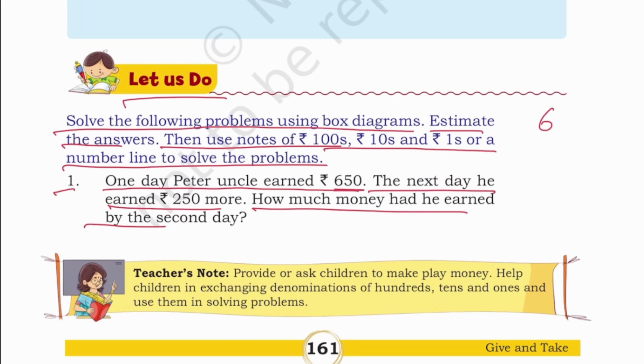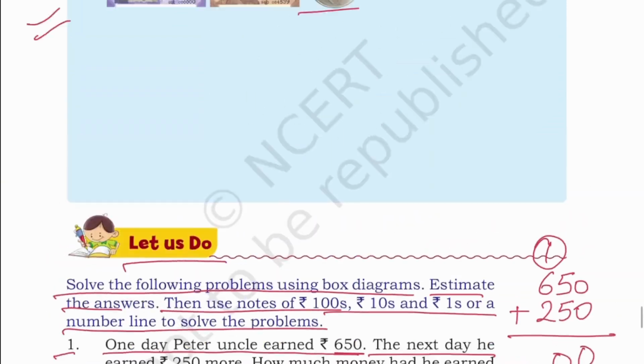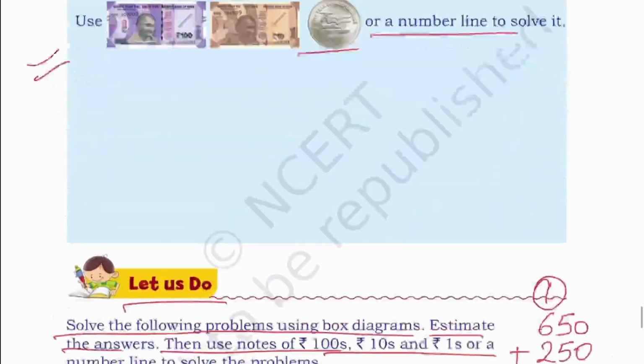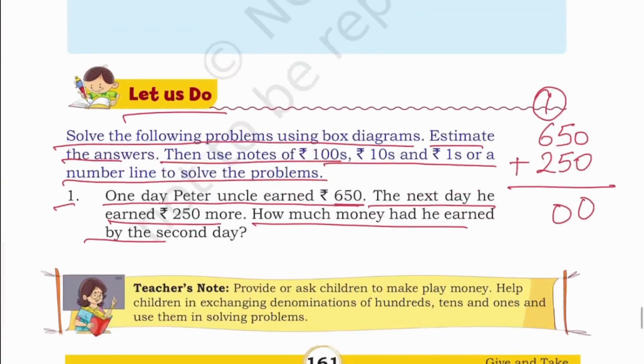That means you have to add these two numbers, that is 650 and 250. That is 0 and 0, 0, and 5 and 5, 10. 1 is given to the hundreds place, and 6 and 1, 7 and 2, 9.